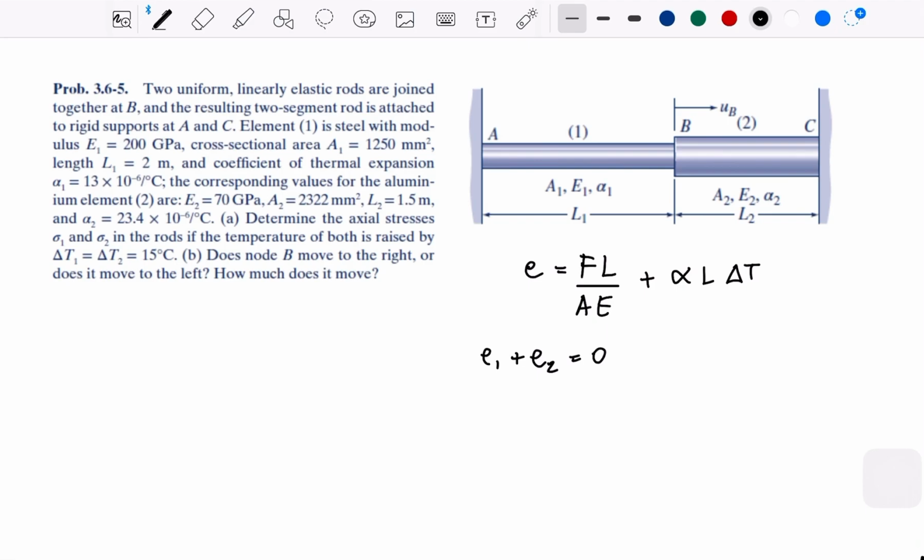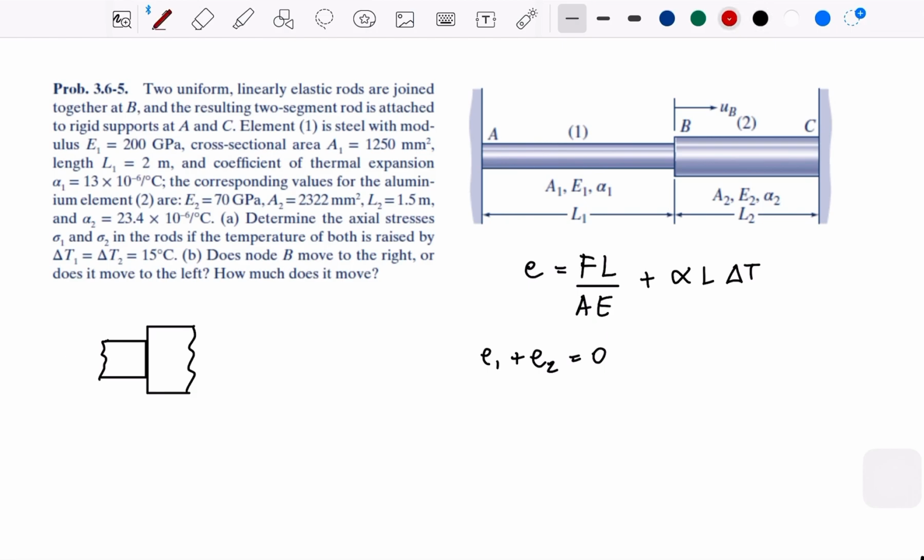And then if you would like to draw more clearly, let's say we cut right in the middle of these two materials and take the middle part.